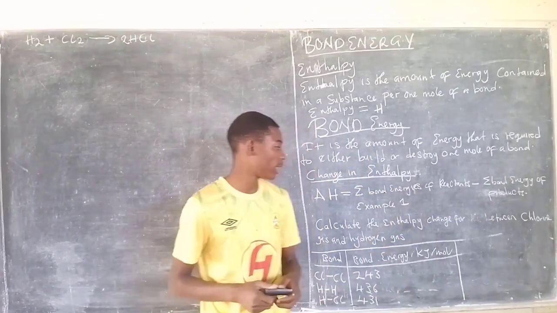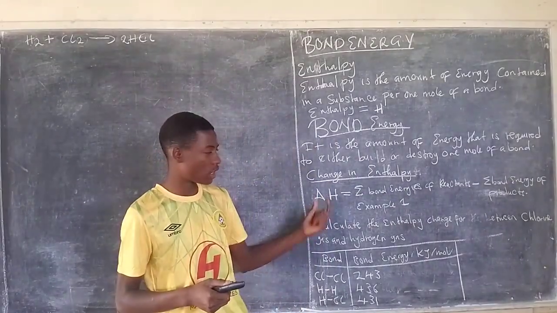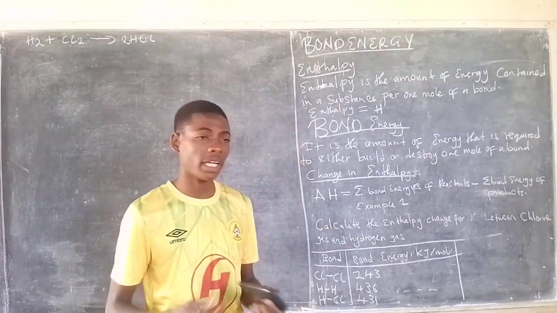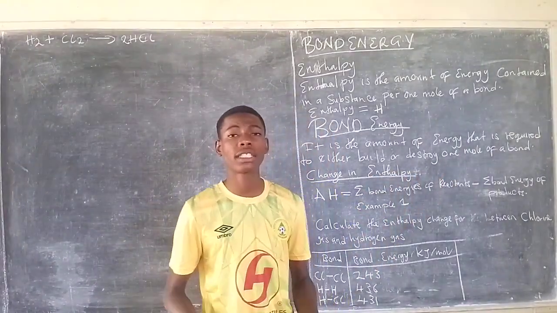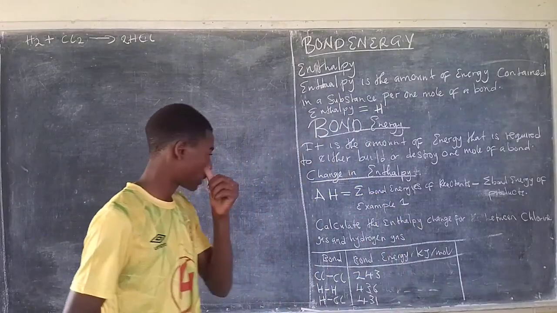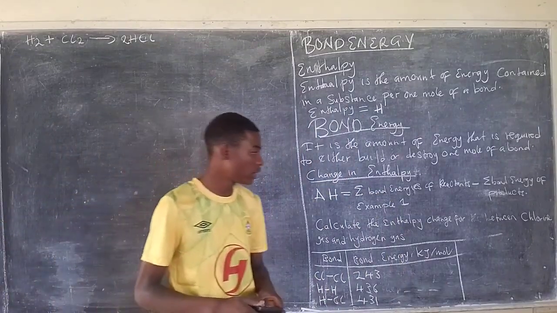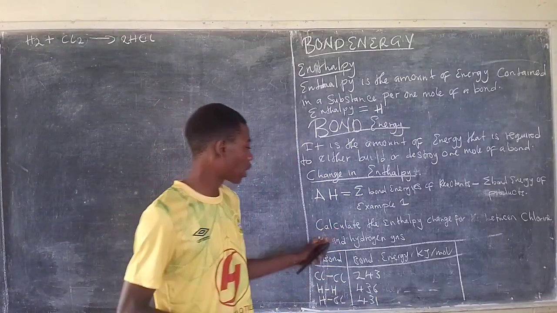This is the formula that can be used to find the change. So you move from reactants, you subtract the products in order for you to see the change in the energy.